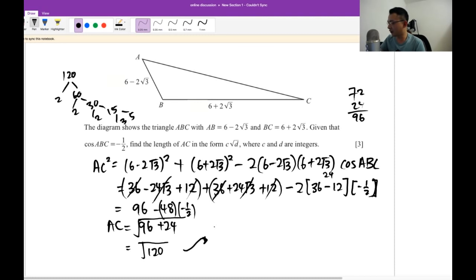So it's just 4, isn't it? Just 4. So it becomes 2. This one is square root 4 multiply 30, so it's 2 surd 30. Okay, this is how we simplify this kind of question.